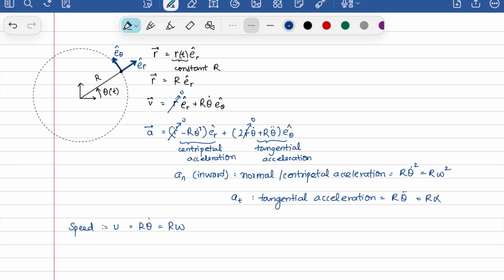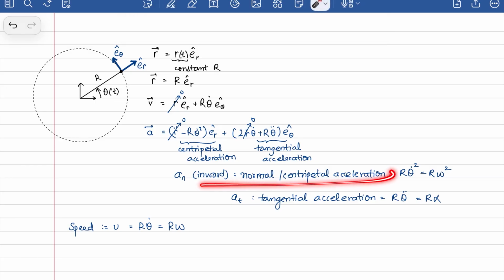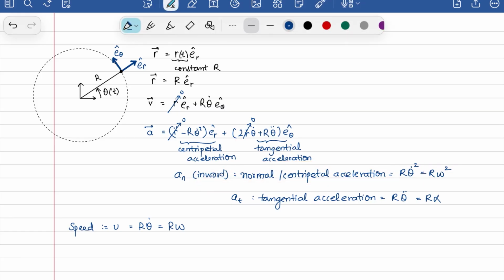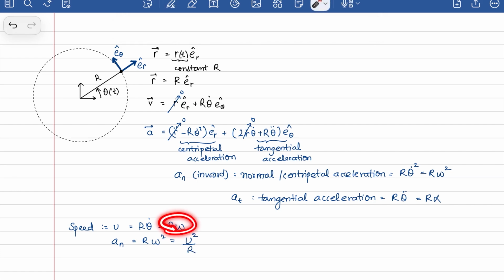And if you now want to relate that with the normal acceleration, then this here is R omega squared, which means I could write that a_n, which is basically R omega squared, is the same as writing v squared over R. Right, that will be R squared omega squared over R. That makes it R omega squared.